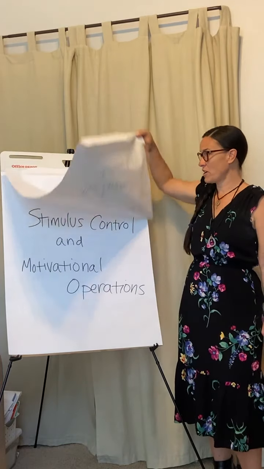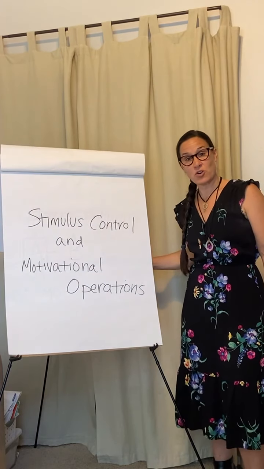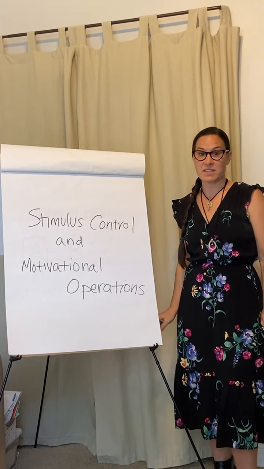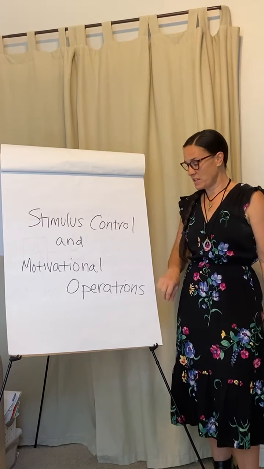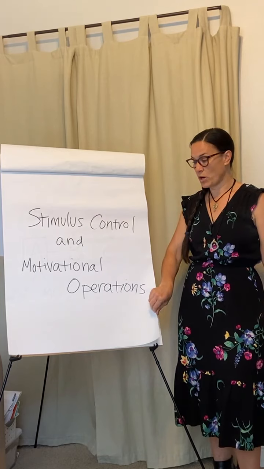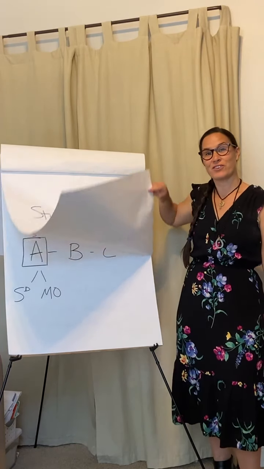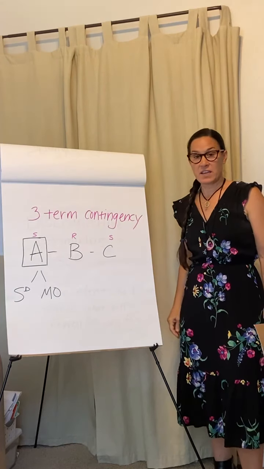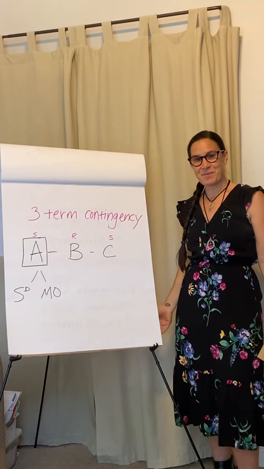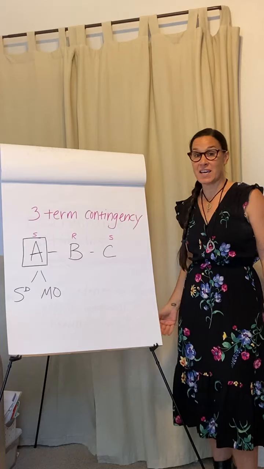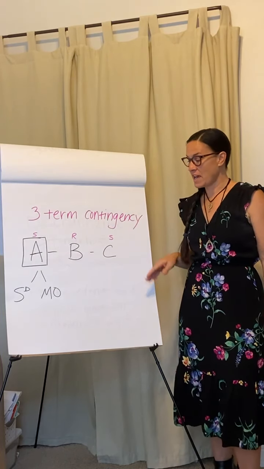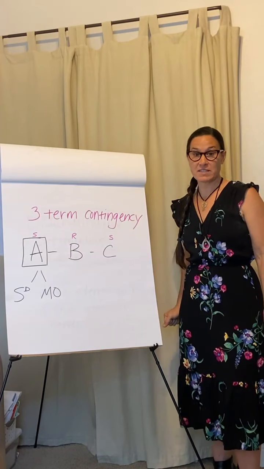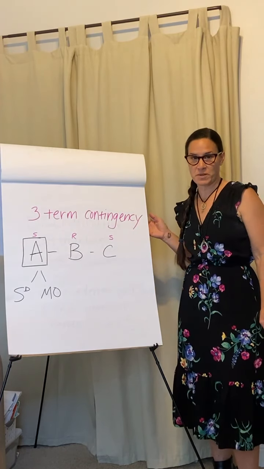Today, we are covering stimulus control and motivational operation, very important topics in the field because it is how we work with our learners in therapy. So both the discriminative stimulus, which we say SD in our field, and the MO, the motivational operations, are part of the antecedent component of the three-term contingency.